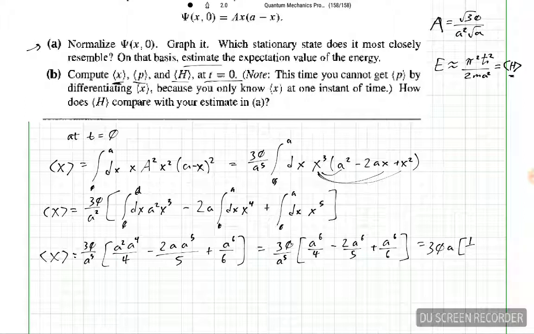So that's going to be 1/4 minus 2/5 plus 1/6. And you can, by all means, just use a calculator here.